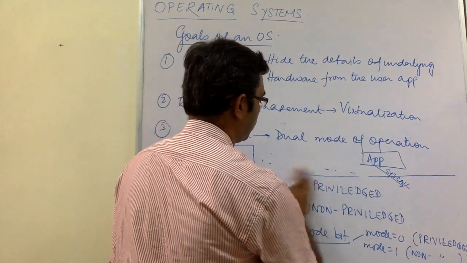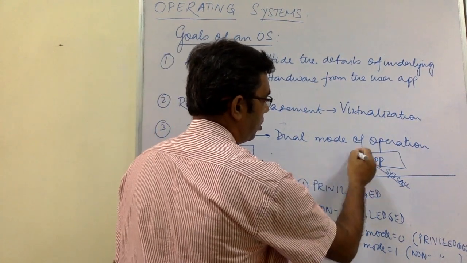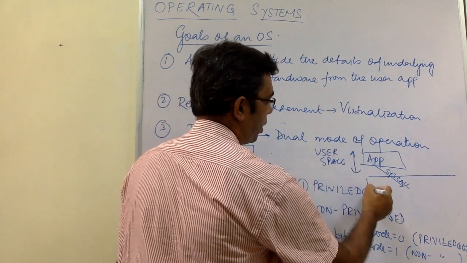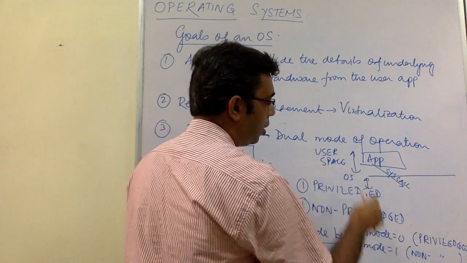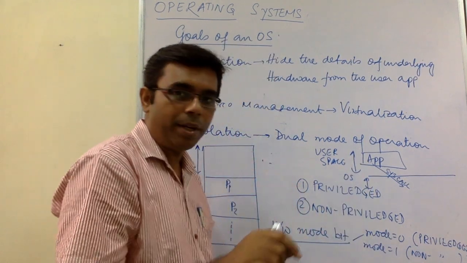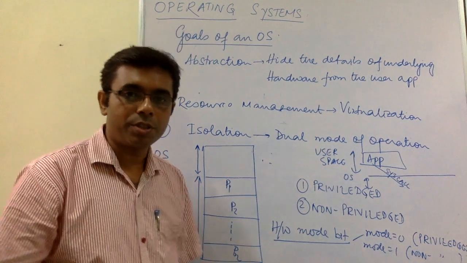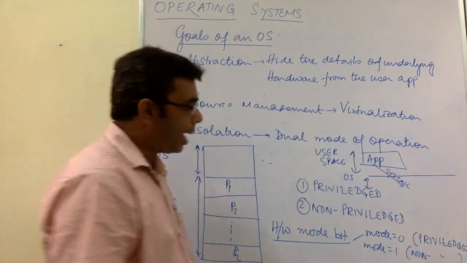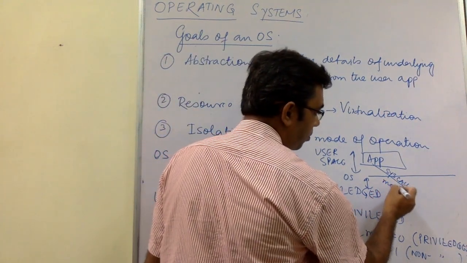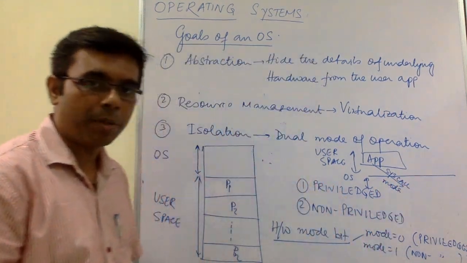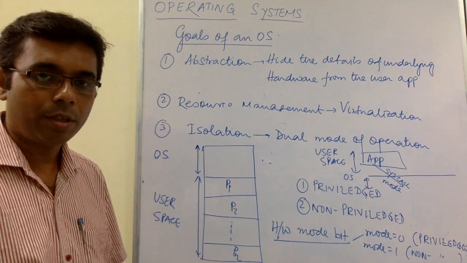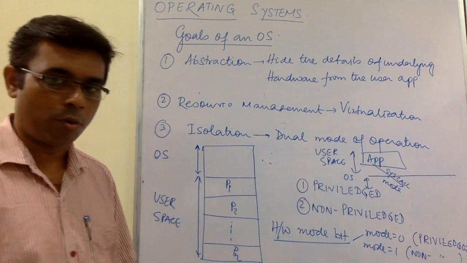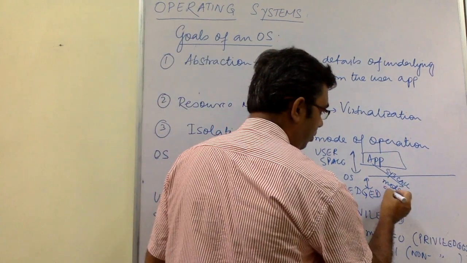Say this is the user space and this is the OS space, the OS instructions. The application, consider that printf statement, puts this request to the OS, and because the request will be executed by the OS, but those instructions are privileged, the CPU has to switch its mode. So the mode gets switched.